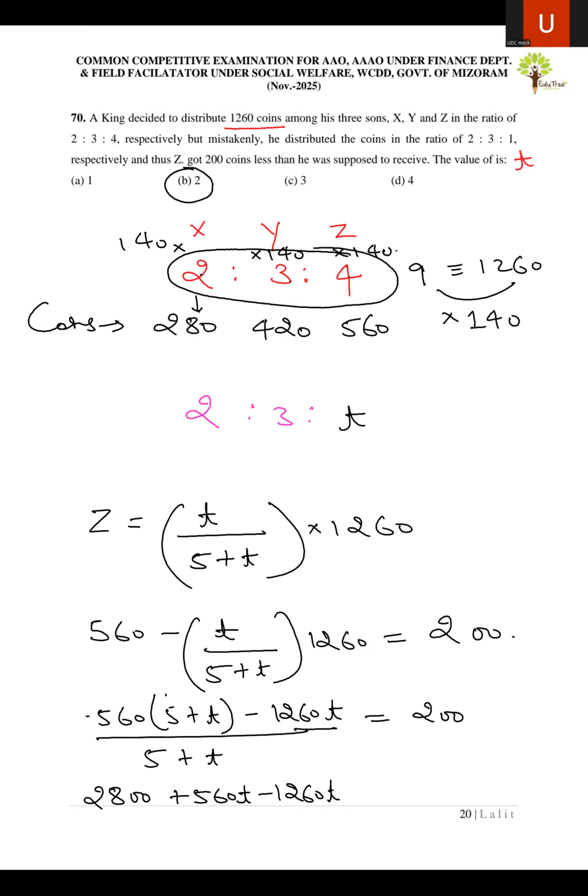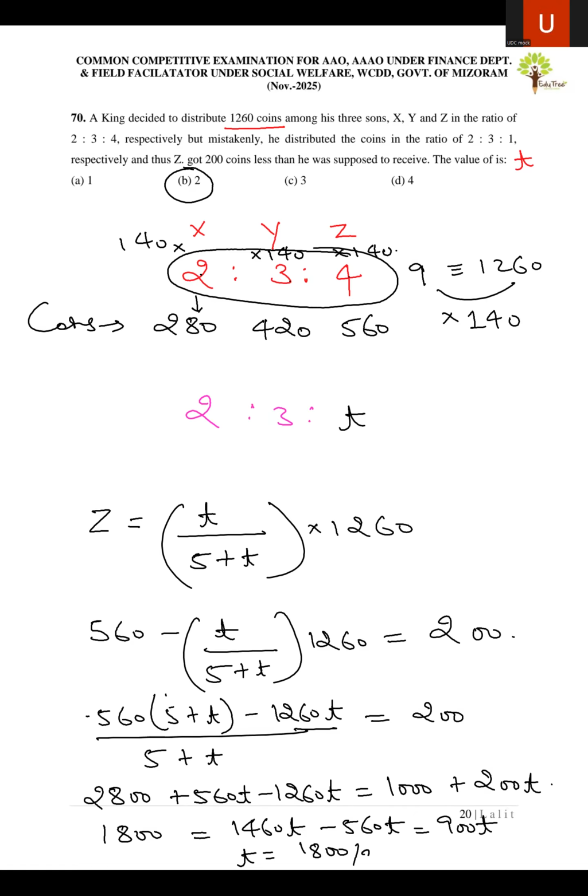This is equal to 1000 plus 200T. And then this will be 2800 minus 1000 is 1800 is equal to 200 plus 1260, that is 1460 minus 560T. So this will be equal to how much? 900T. So T will be equal to 1800 divided by 900, that is equal to 2.